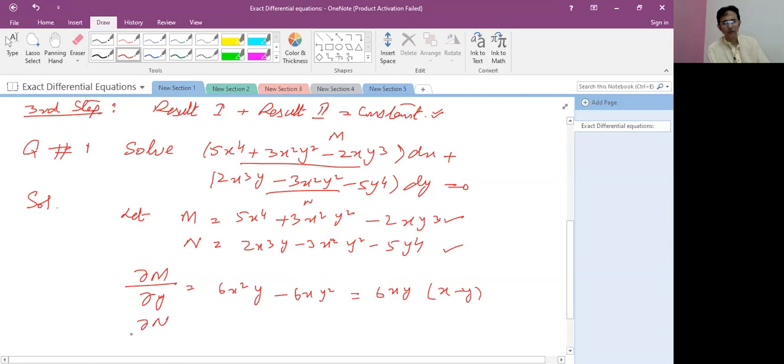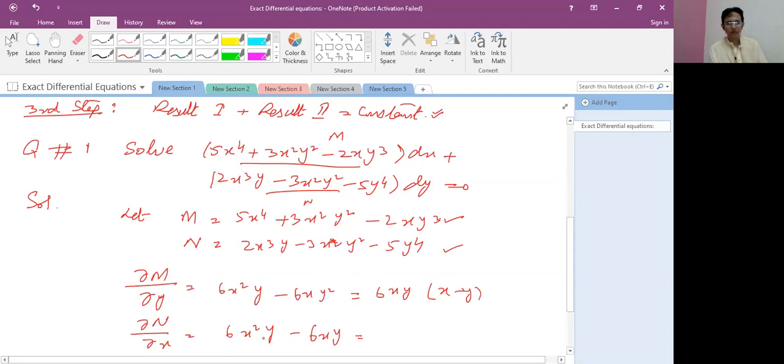Now ∂N/∂x: with respect to x, 6x^2y, and 6xy^2. If we take 6xy common, the remaining term has no change, so we don't write it.